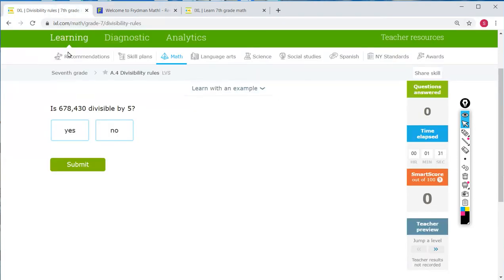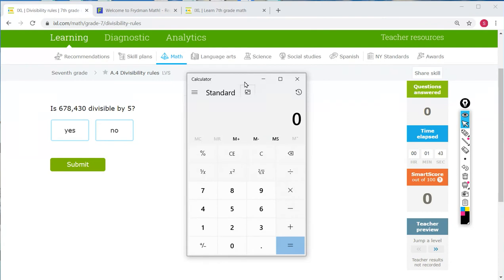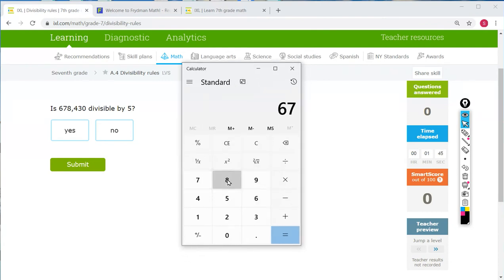So let's go back to this number. This number ends in a 0. So yes, that means it will be divisible by 5. And you can check that on the calculator, 678,430. If we divide it by 5, then the result is a whole number.